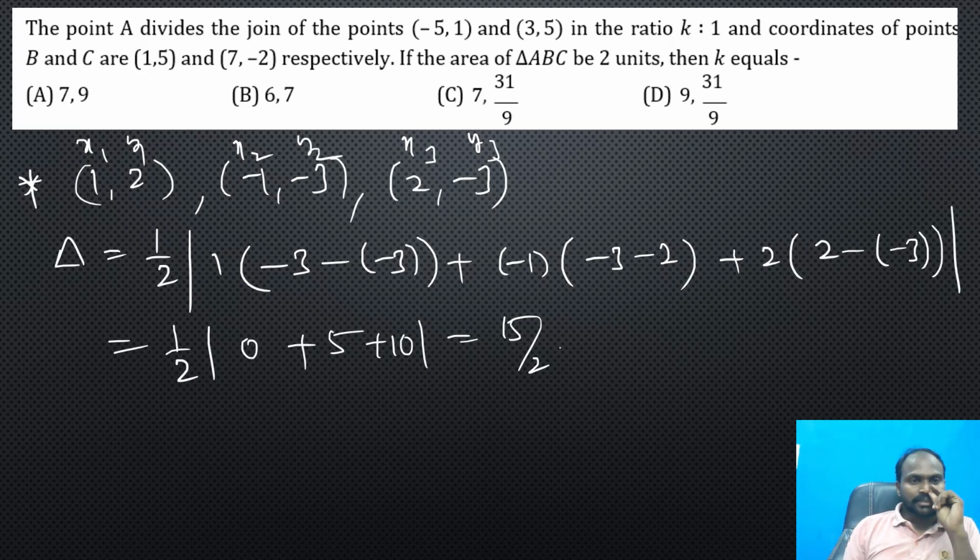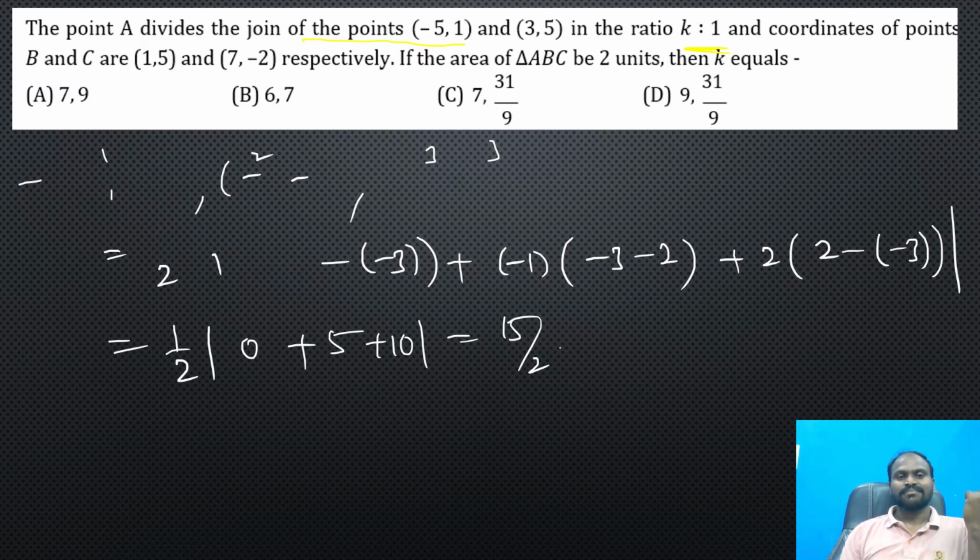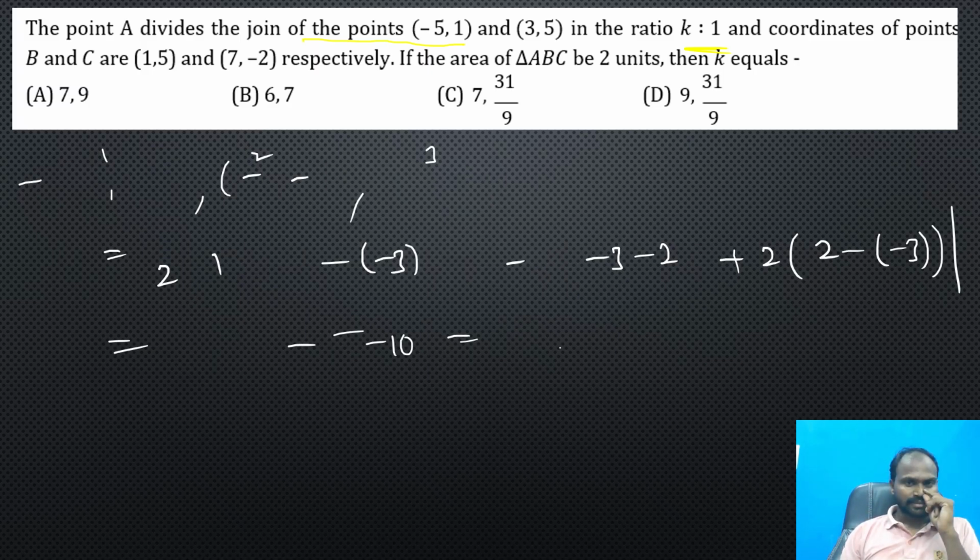Next, look at the question they have given. The point A divides the join of the points (-5, 1) and (3, 5) in the ratio k is to 1, and the coordinates of points B and C are (1, 5) and (7, -2) respectively. Find the area of the triangle. That means A divides the join in the ratio k is to 1. First we'll find the coordinates of A in terms of k.